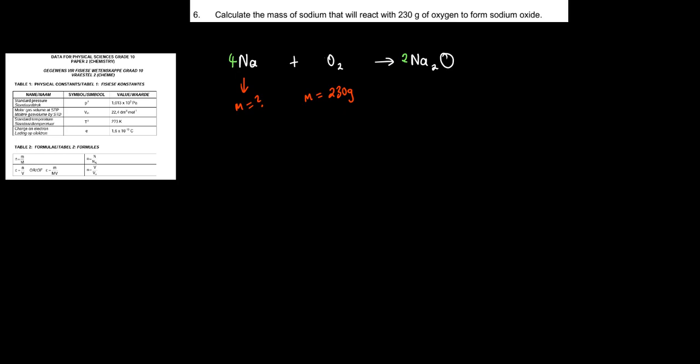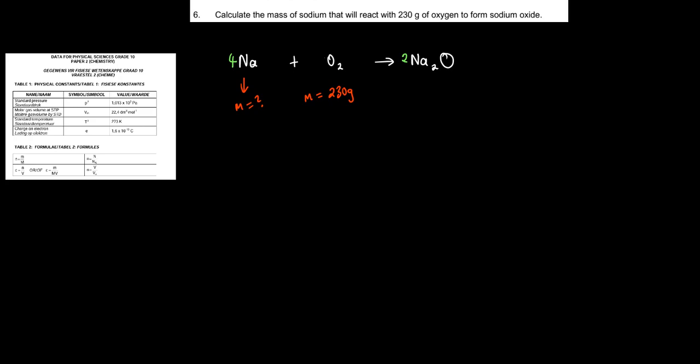So how do I find the mass of sodium? Before I can even try to do it, I need to first find the number of moles of sodium. That's what we need to get first, right? But to get there, remember, you don't start with just getting the number of moles. You need to convert the one that is given. You convert it to number of moles using the right formula. Okay, that is step 1.